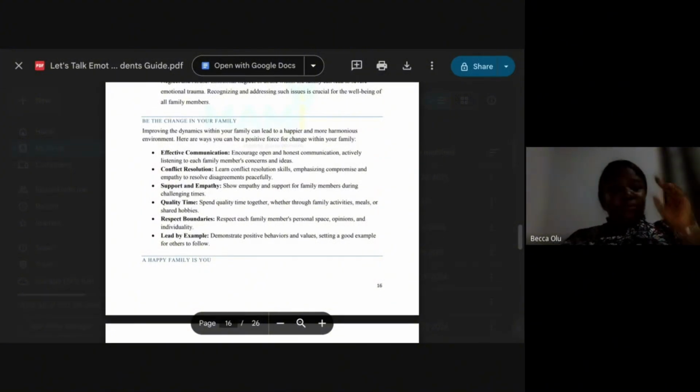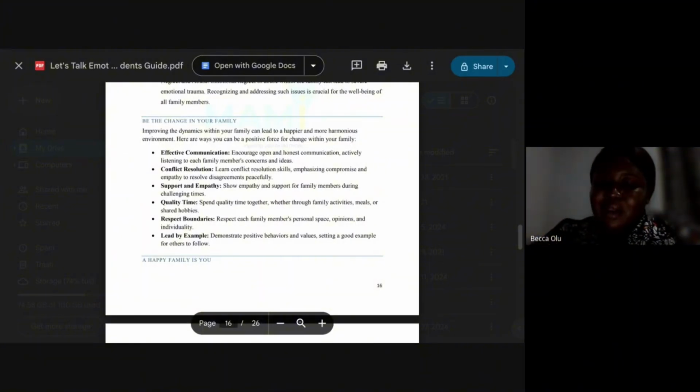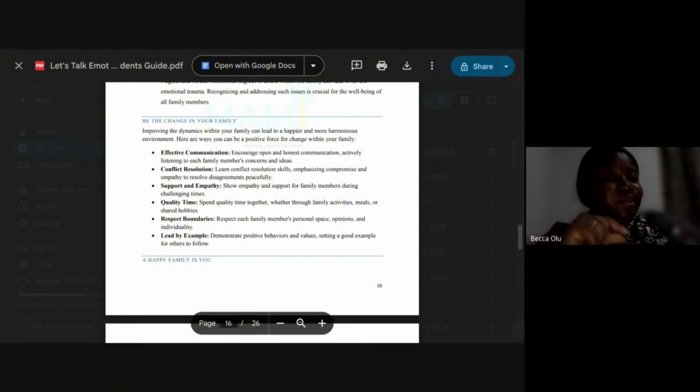I'm not saying suppress the issues or anything. What I'm saying is know when to speak and when not to speak, know when it is time to address an issue and when it is time to let go, even when you're upset and when you're angry.